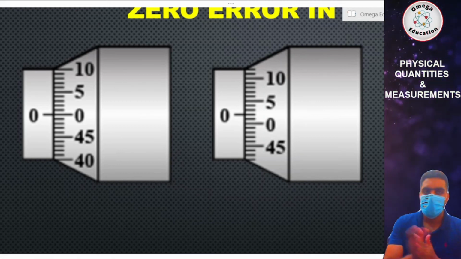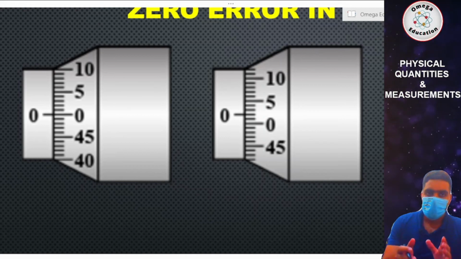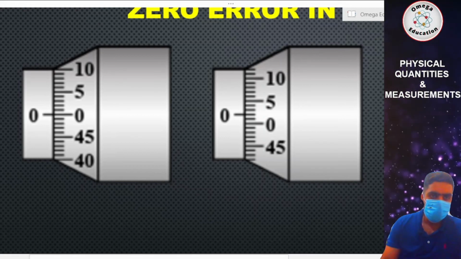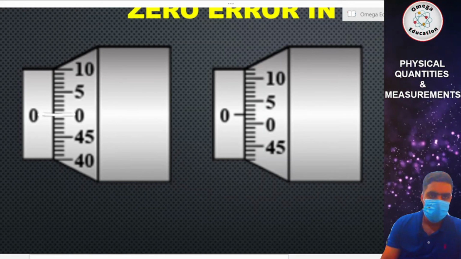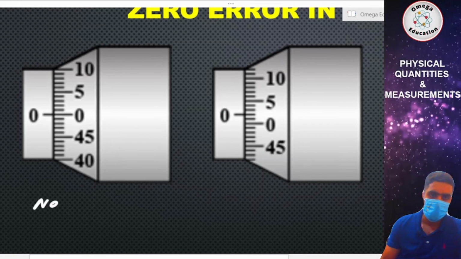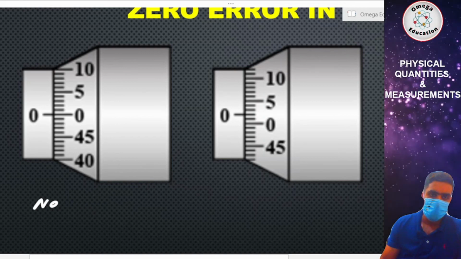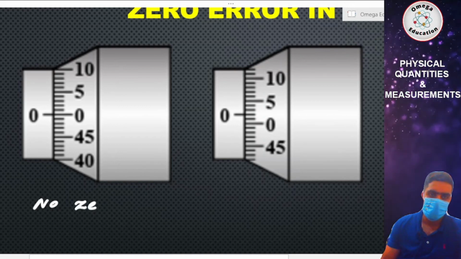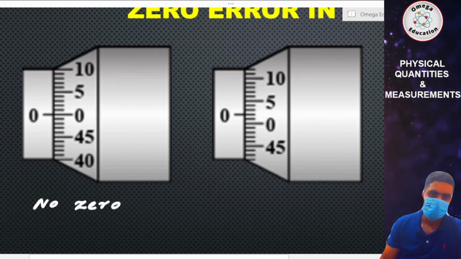All right, on closing the micrometer, if the two zeros are aligned with each other, then there's no zero error.